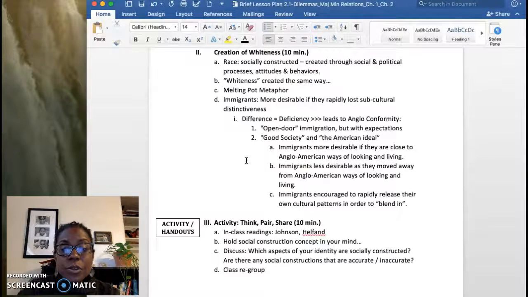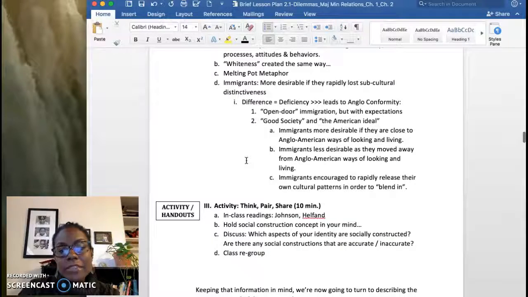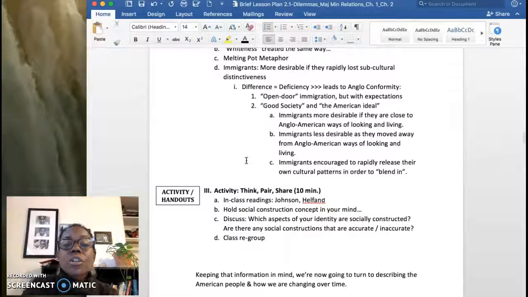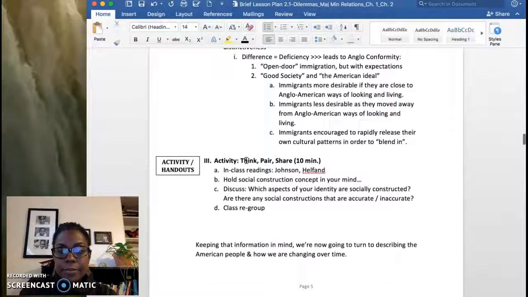So there was an open door to immigration, but there were expectations. And this idea that we have American ideals and the good society is one that is open to all, and that everyone can come in and contribute to. But immigrants were more desirable if they were closer to the Anglo-American way of looking and living, and less desirable the further away they got from that standard that was created.